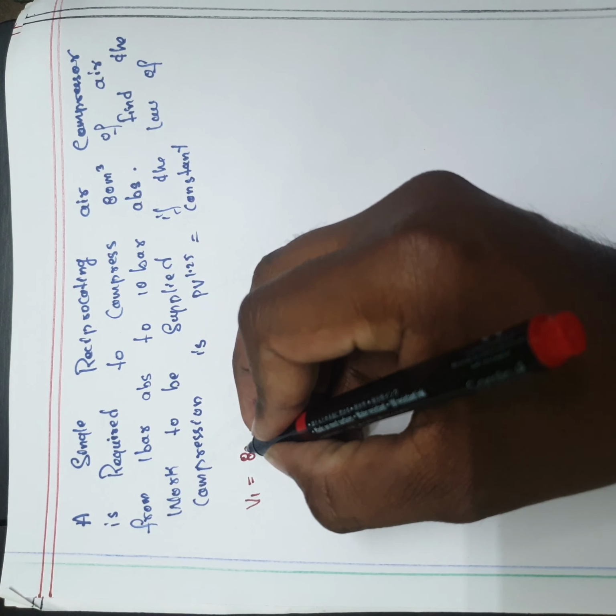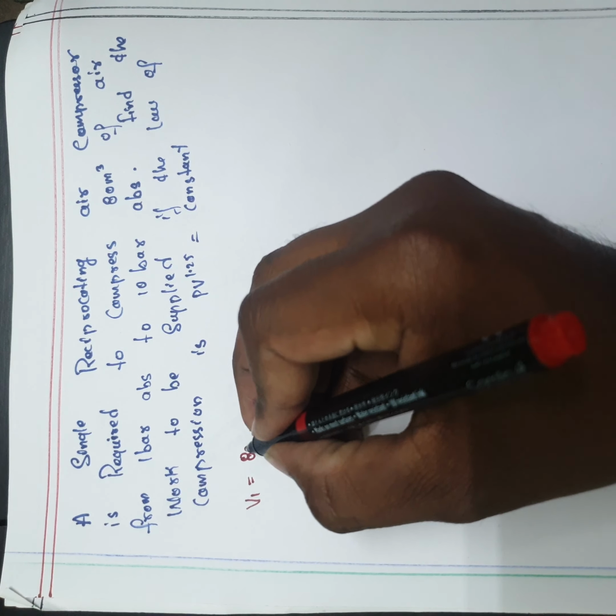In place of 10 cube, write kilonewton per meter square. So, P1 you got as 100 kilonewton per meter square, and P2 you got as 10 into 10 square kilonewton per meter square.